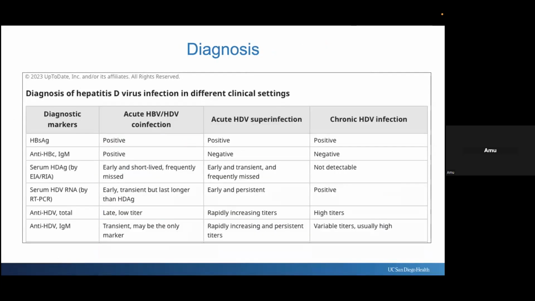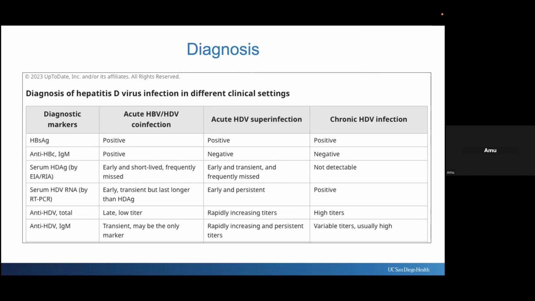Differentiating between co-infection and superinfection relies mainly on the detection of high titers of IgM to hepatitis B core antigen. Serum hepatitis D antigen appears early in hepatitis D infection, while usually short-lived, and it's therefore rarely useful for diagnosis.